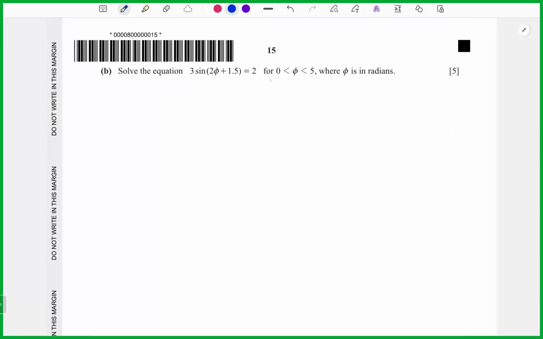So we change for this part first. Okay. 2 theta plus 1.5.